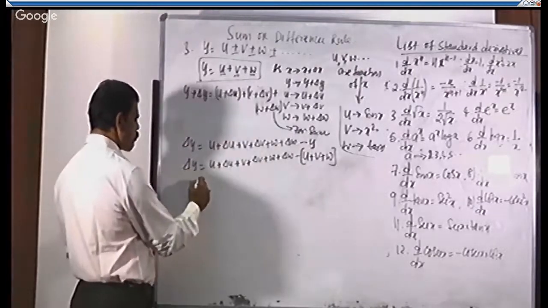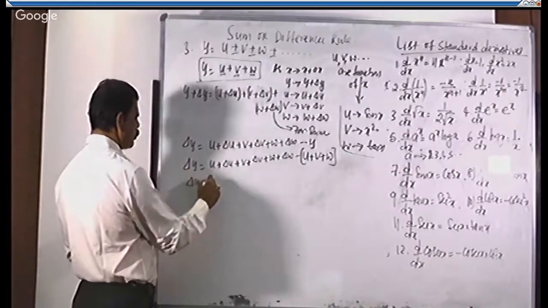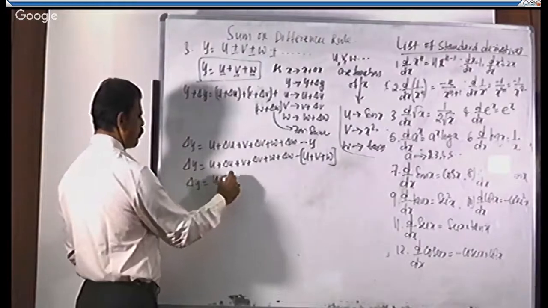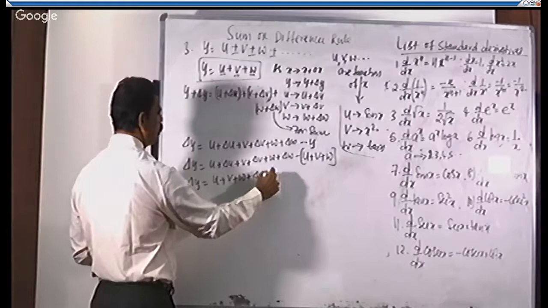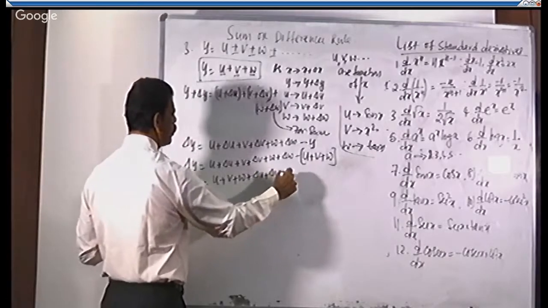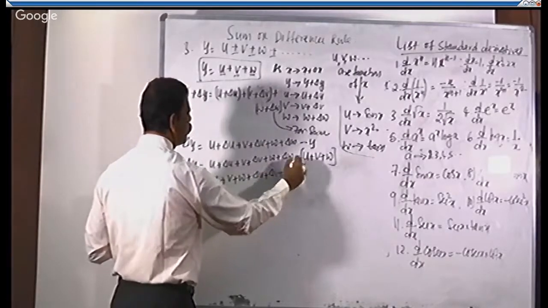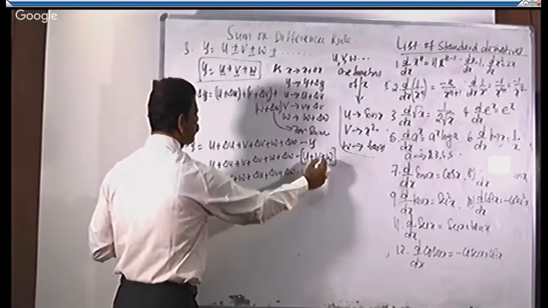In the next step, delta y is equal to u plus v plus w plus delta u plus delta v plus delta w minus u minus v minus w.